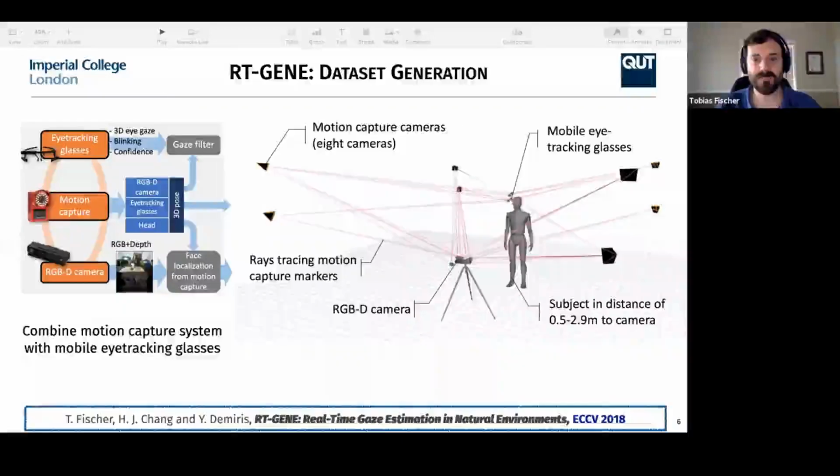The way I tackled it is that I set up a pipeline where you have multiple motion capture cameras in the room. Those motion capture cameras allow you to very precisely track little markers. They're little balls, roughly 1 cubic centimeter, and it allows you to follow them around.